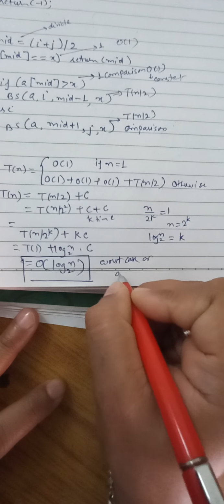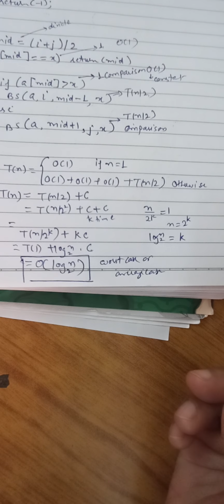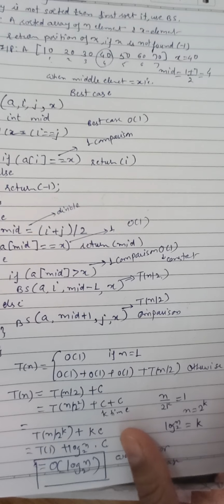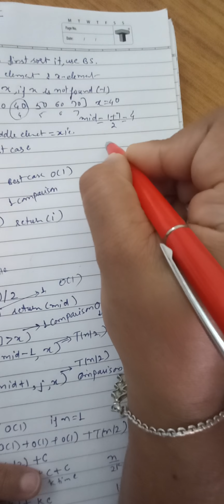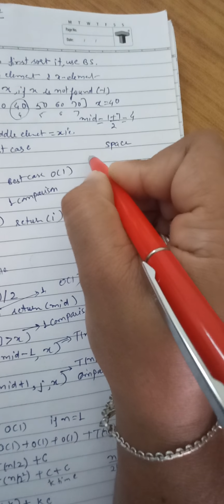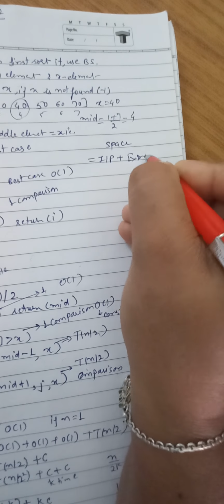or average case. Now we are talking about the time complexity, and now we will talk about the space complexity. If we talk about the space complexity, we have input plus extra.